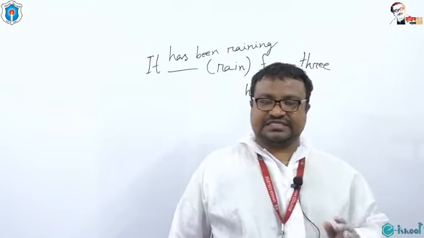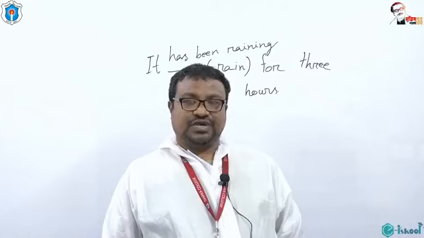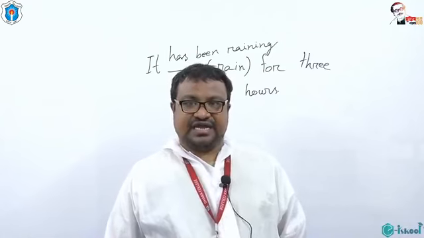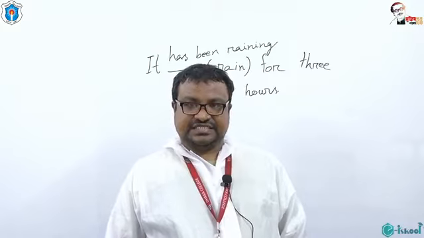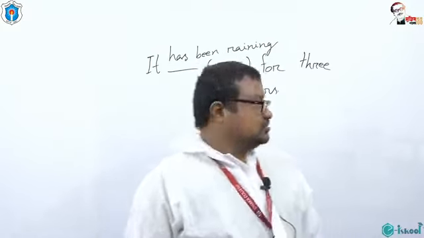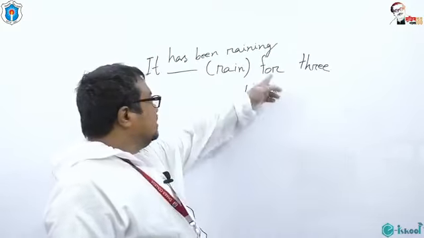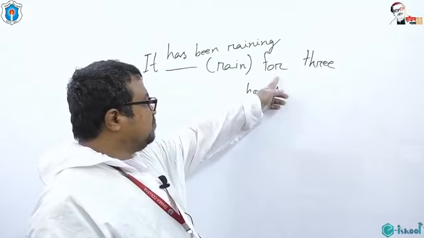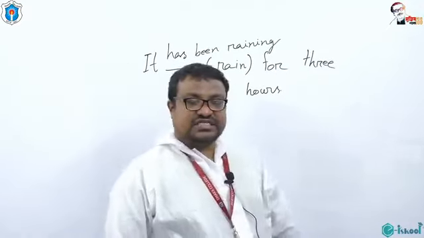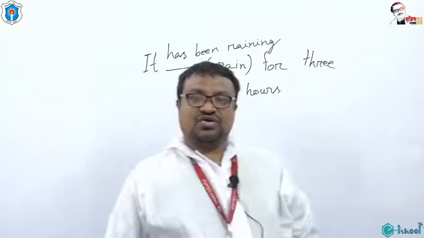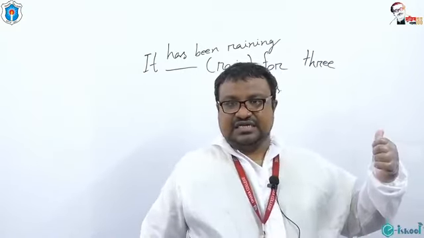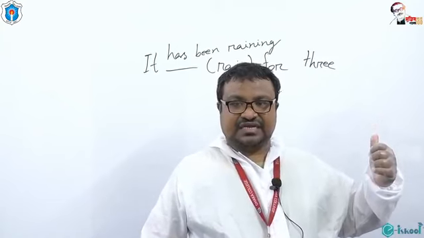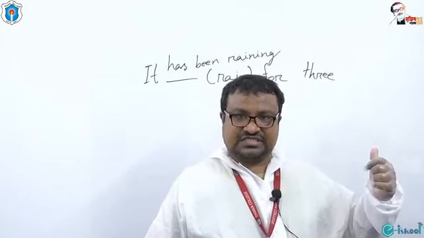In case of present perfect continuous tense, we use has been or have been plus main verb plus ing, and we are using this in case of any action which has been continuing for a long time. Here the rain has been continuing for 3 hours.